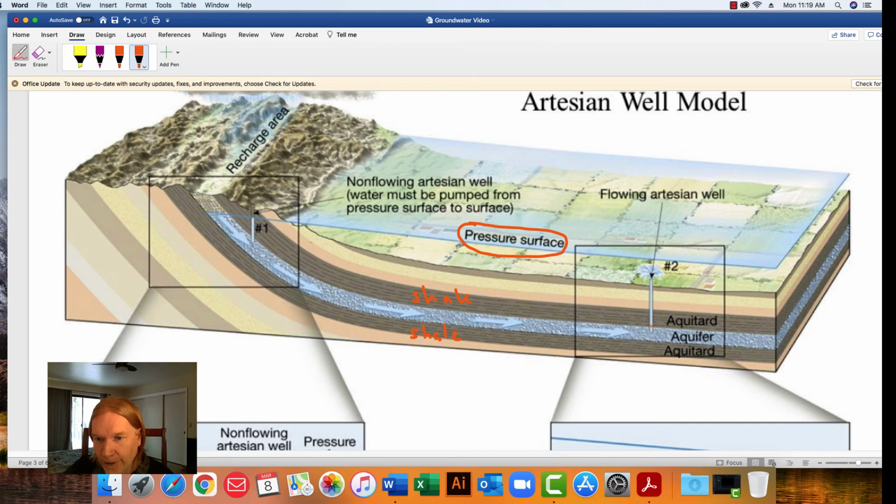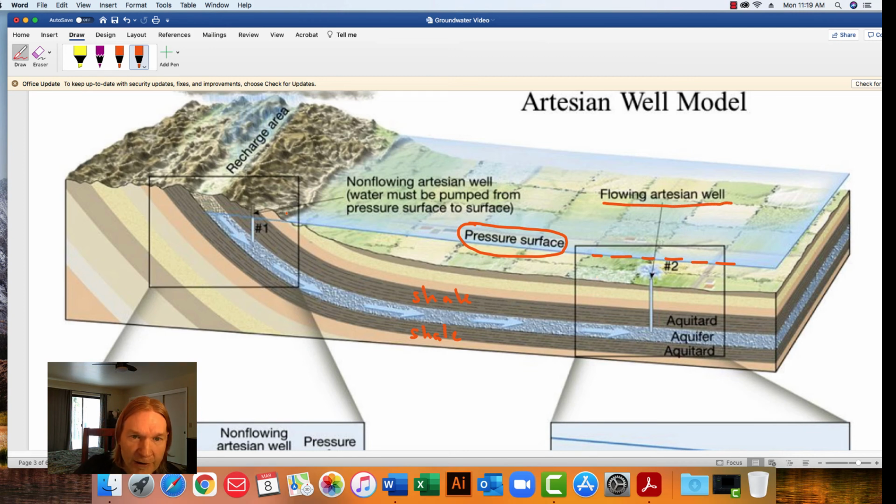So here they dropped a well into the aquifer at this location, and notice that the pressure surface right here is above the top of the well. So water sprays out onto the surface. So this well specifically would be a flowing artesian well.